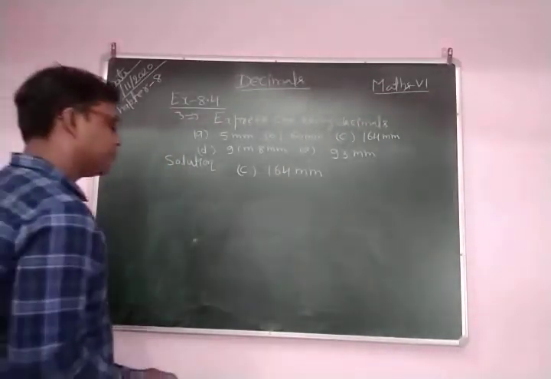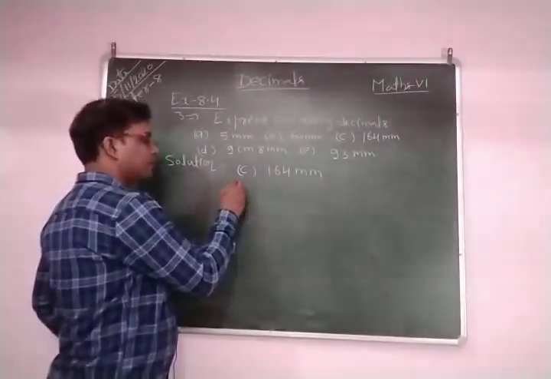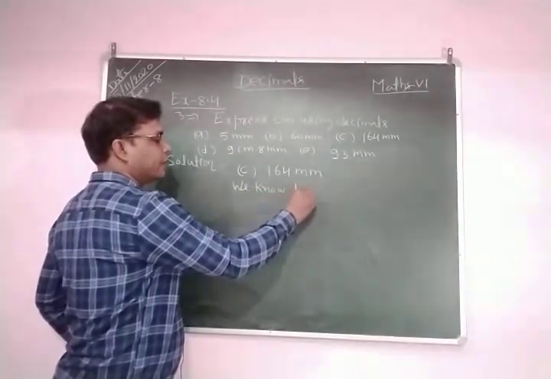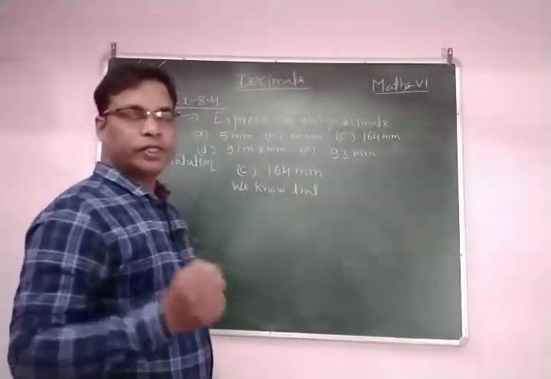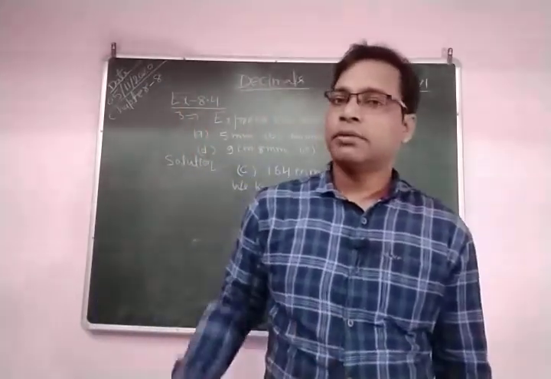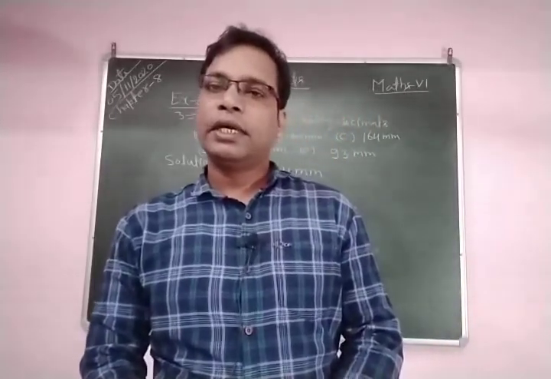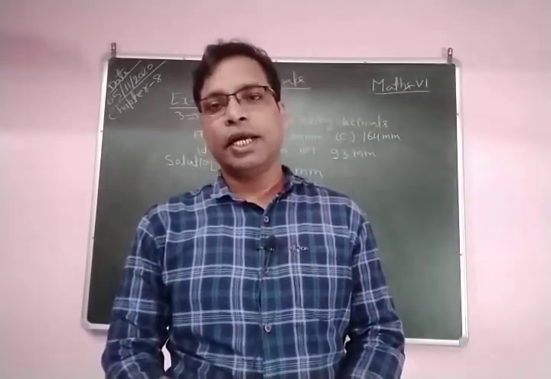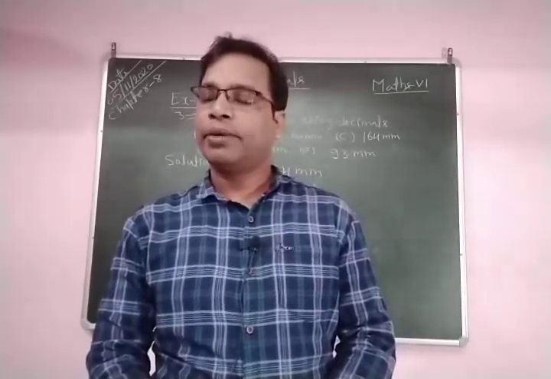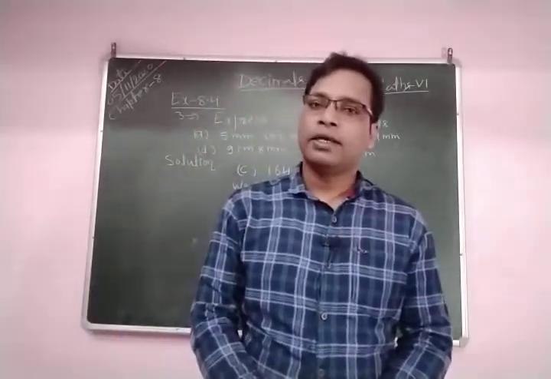First we write, we know the relation between centimeter and millimeter. 1 centimeter is equal to 10 millimeters, or 1 millimeter is equal to 1 upon 10 centimeters, or 1 millimeter is equal to 0.1 centimeters.